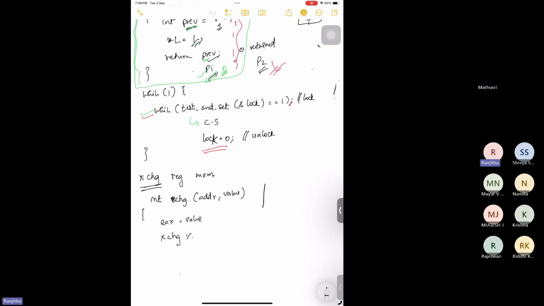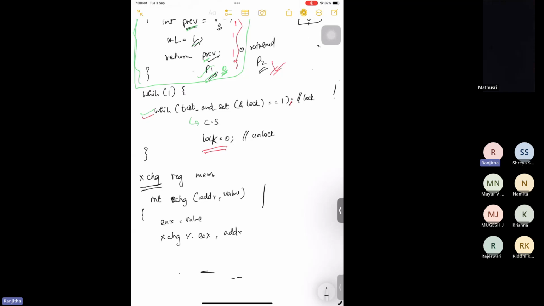Whatever is there in the address will be copied to EAX and then whatever value we wanted to set will be set. So it happens using this single instruction.